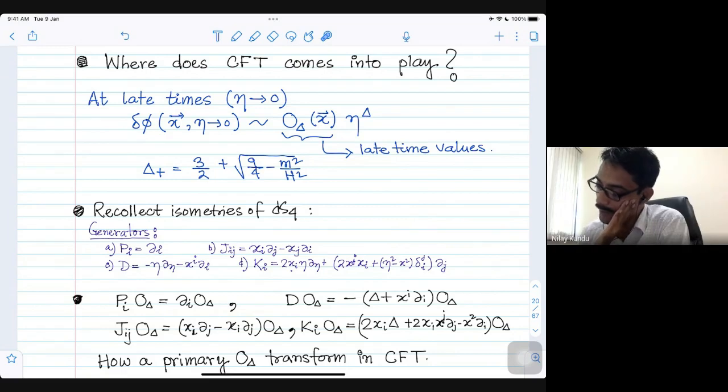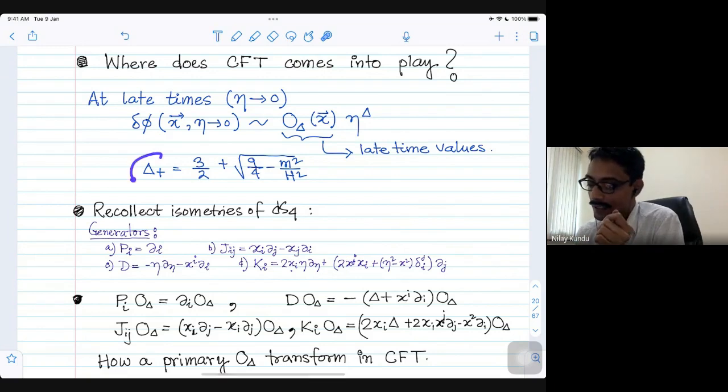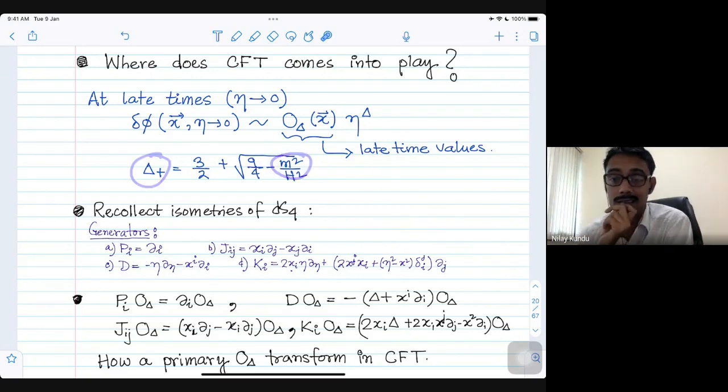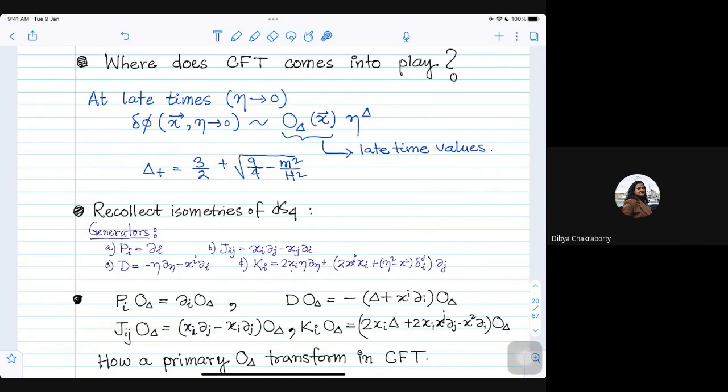But if you are not willing to discuss CFT and all, this is just packaging the information of the mass of the bulk field. And those are masses of the inflatons? Mass of the inflaton, yes.